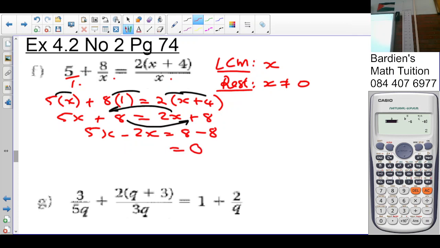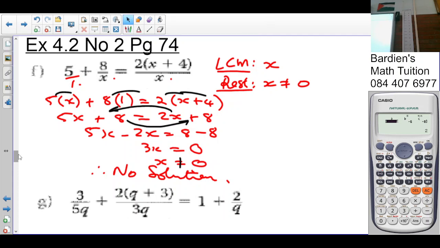So that's 0 and 3x. Divided by 3, x is 0. But what do we notice? X can't be equal to 0. So therefore, no solution. Okay? Any issues here? No?